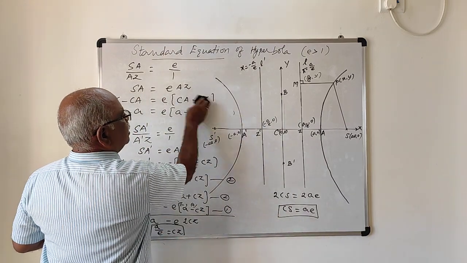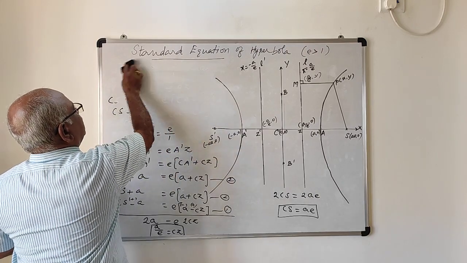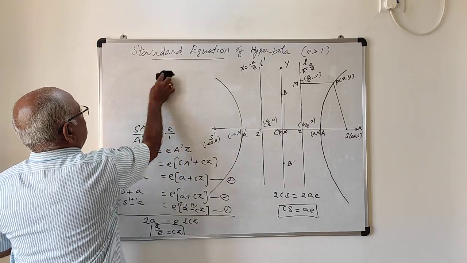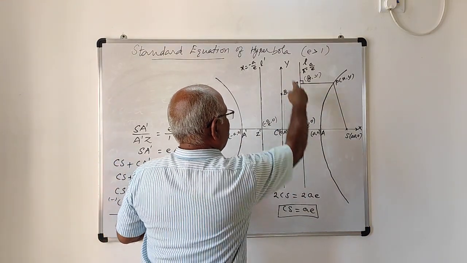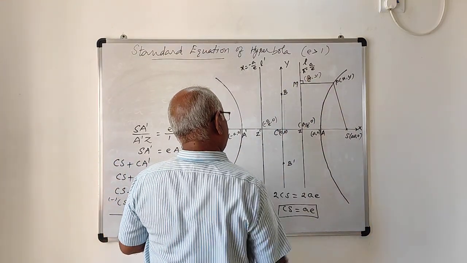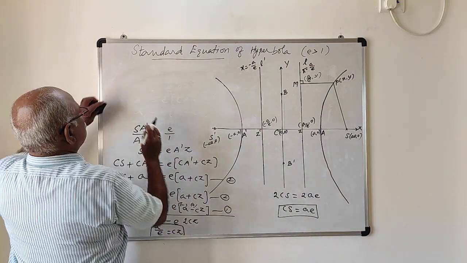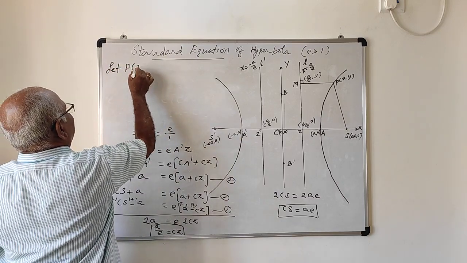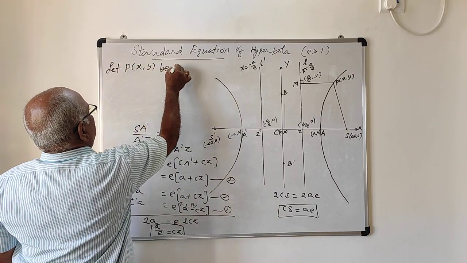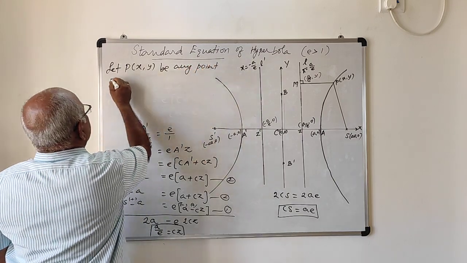Now let us consider any point P x comma y on the hyperbola. Draw PM perpendicular to the directrix line L.